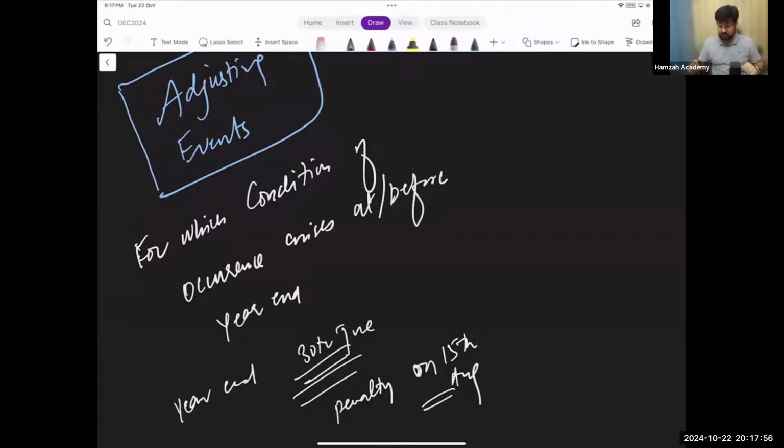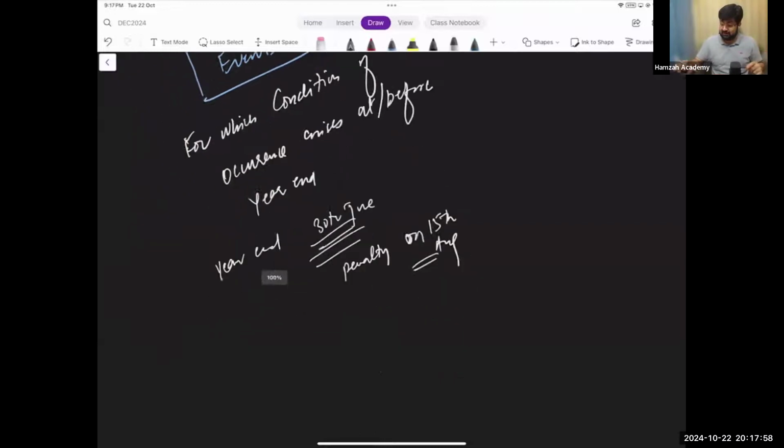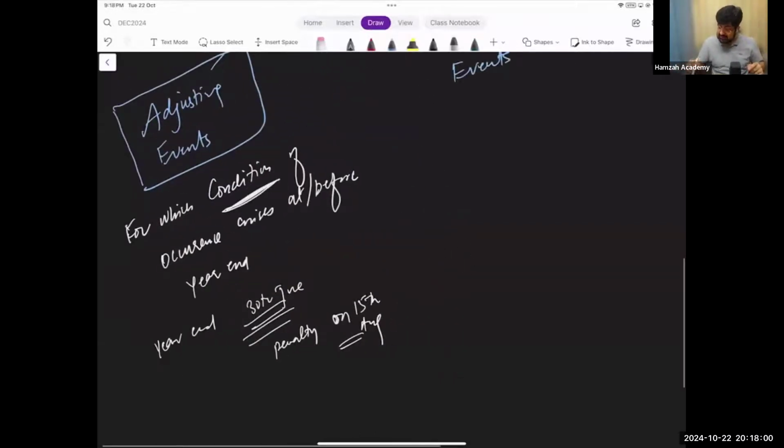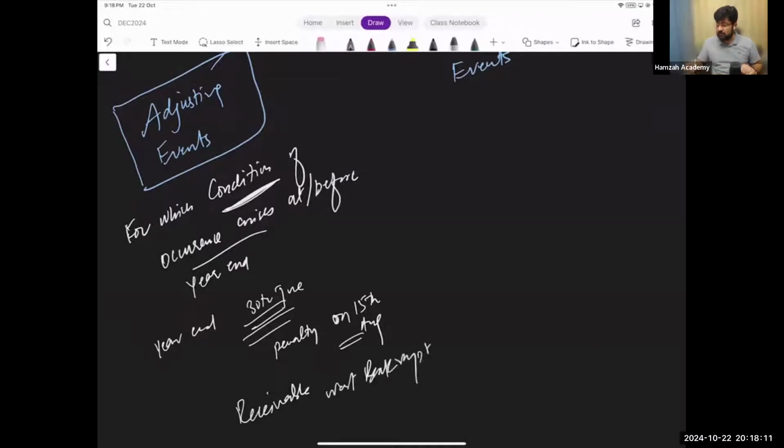Now, in the financial statements, it is an adjusting event. The condition of occurrence exists. A customer, a receivable, which was at year end, went bankrupt on 25th July.